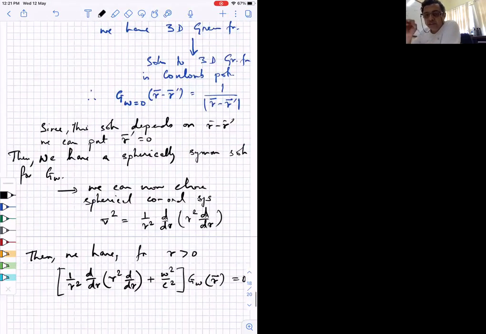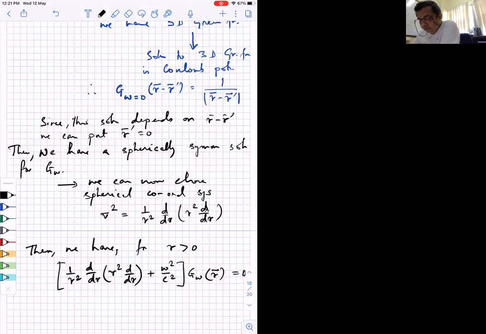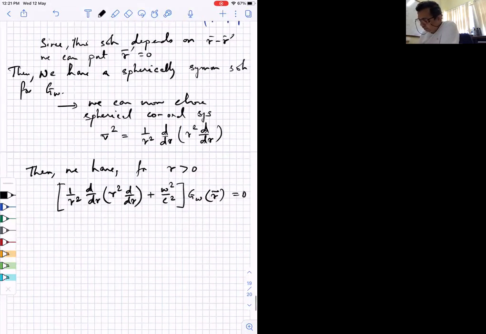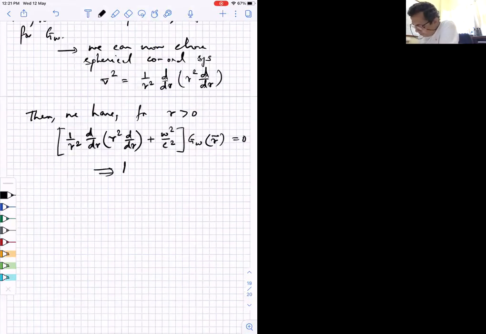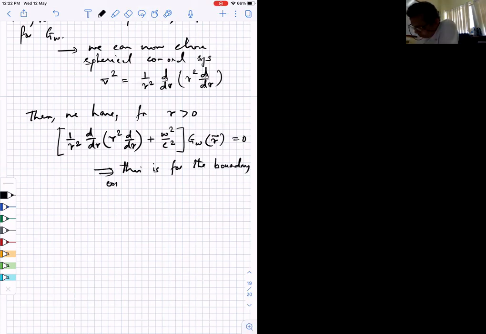So this is subject to the boundary condition of the point charge at the origin. So if I have a point charge at the origin, then this is for the boundary condition of point charge at the origin.